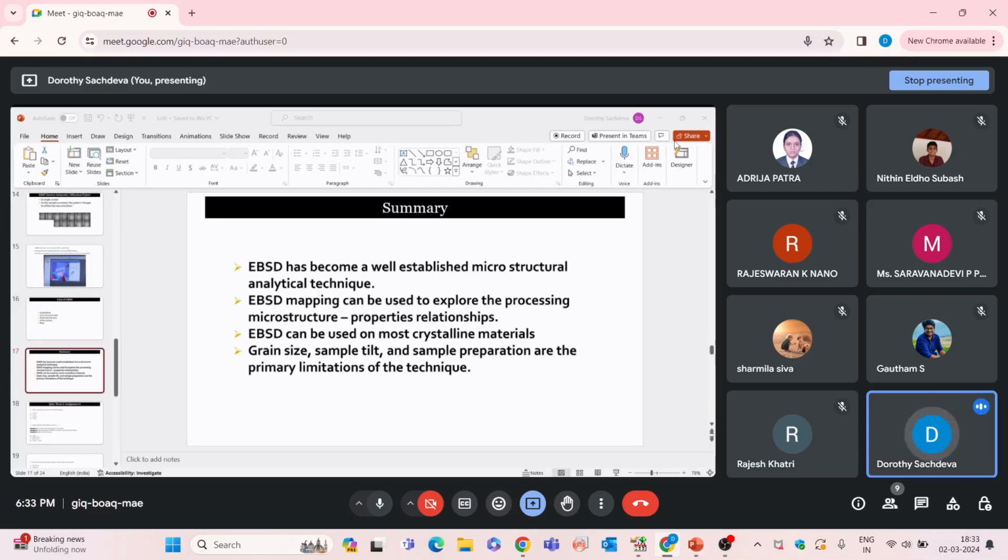You need to have a thin specimen, and for that you cannot have a very thick specimen. In a very thick specimen you will not be able to see your Kikuchi patterns. After seeing the Kikuchi patterns, you align your sample in a certain orientation, and then you see the features from which you want to analyze your sample.